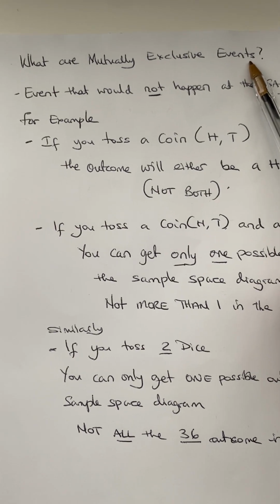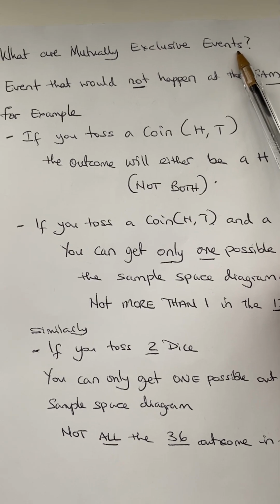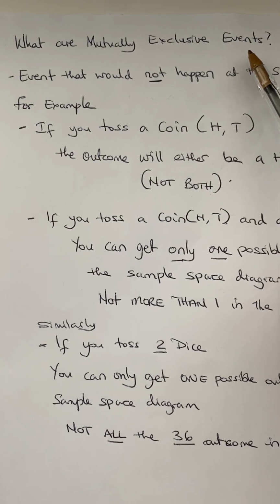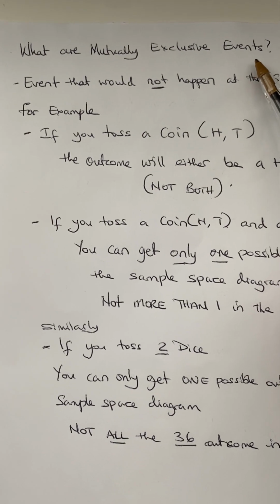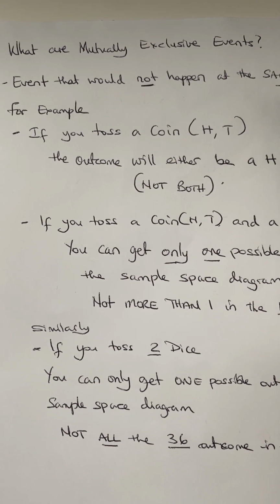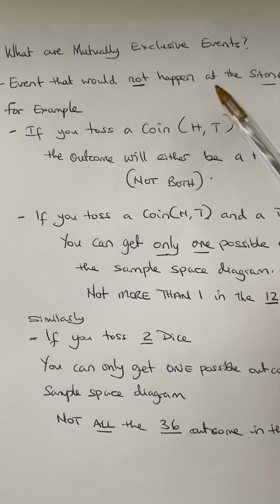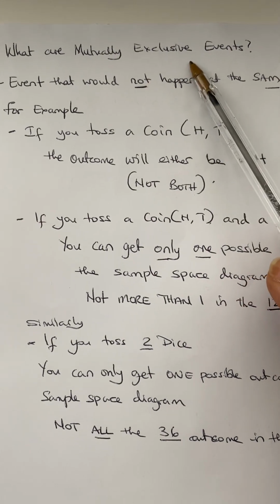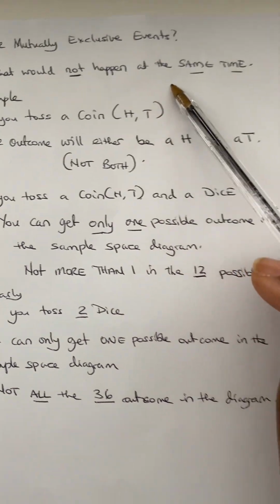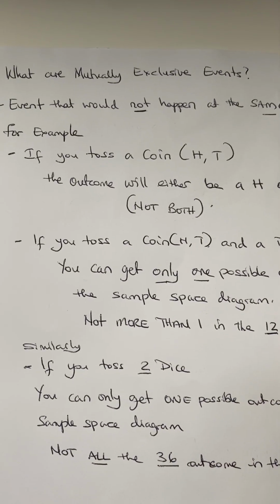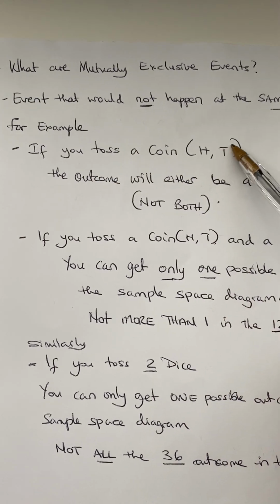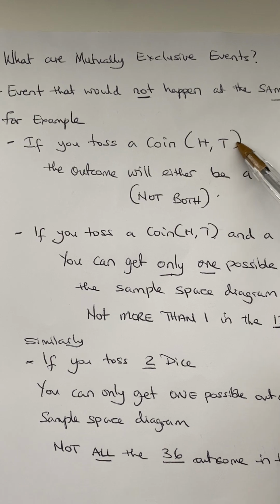Okay, I mentioned it in one of our earlier videos, but I didn't explain it that much. So after what I've told you today, mutually exclusive events are events that will not happen at the same time. For example, if you toss a coin, you can either get a head or a tail.